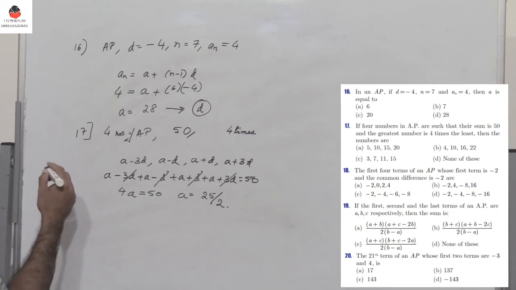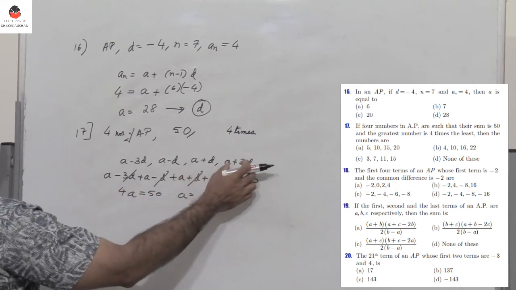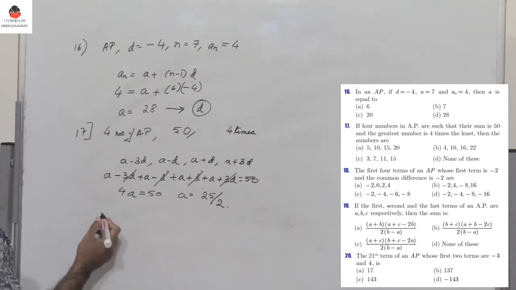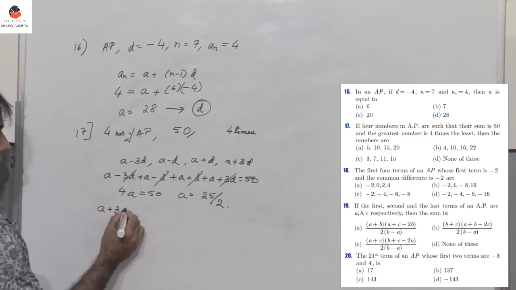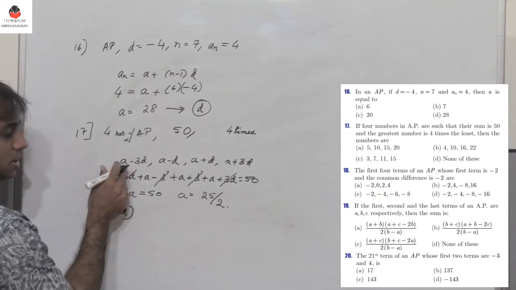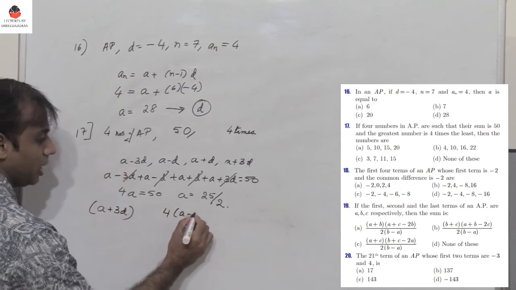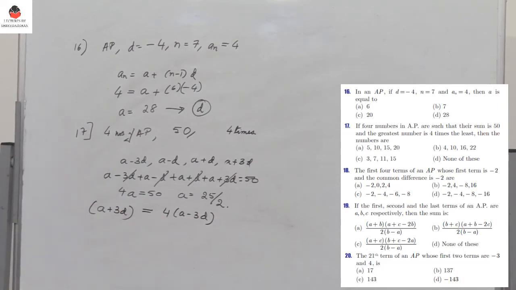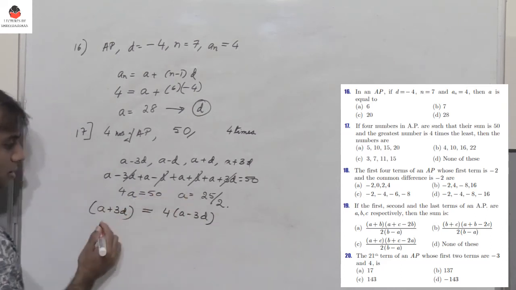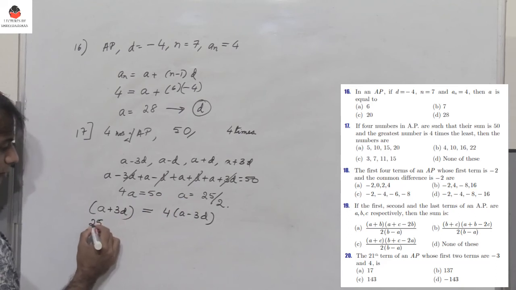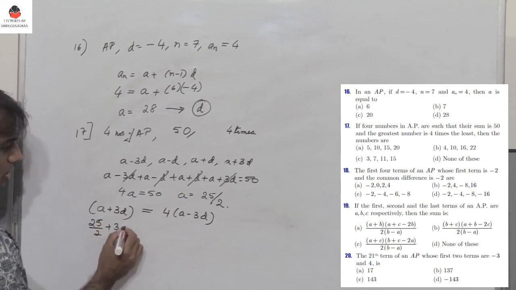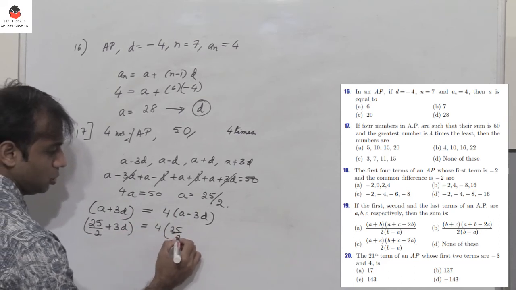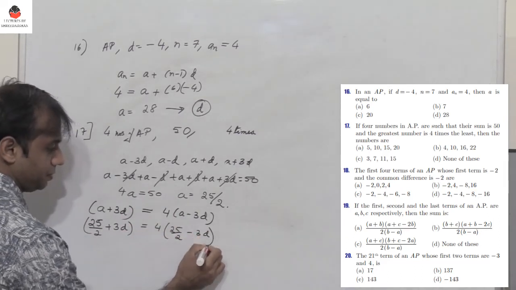Now what is being given? The greatest number, that is the largest number, is 4 times the least number. The largest number is a plus 3d and this is 4 times the least number, so 4 into (a minus 3d). I can equate both of them, then substitute the value of a here. So you have 25 by 2 plus 3d equals 4 into (25 by 2 minus 3d).